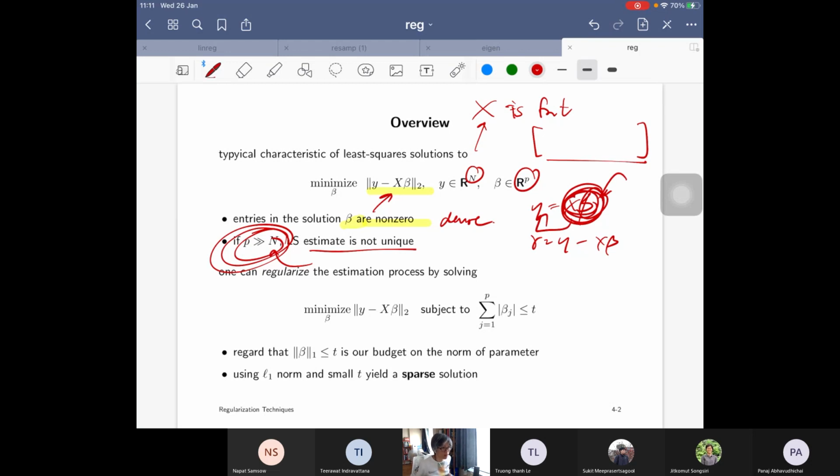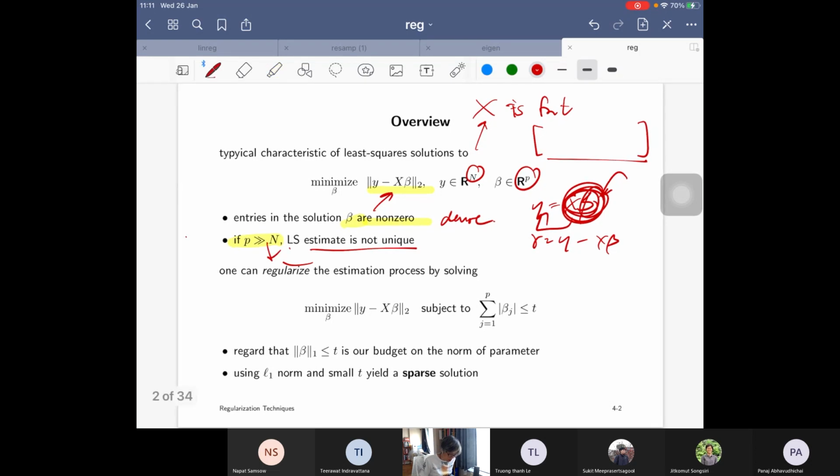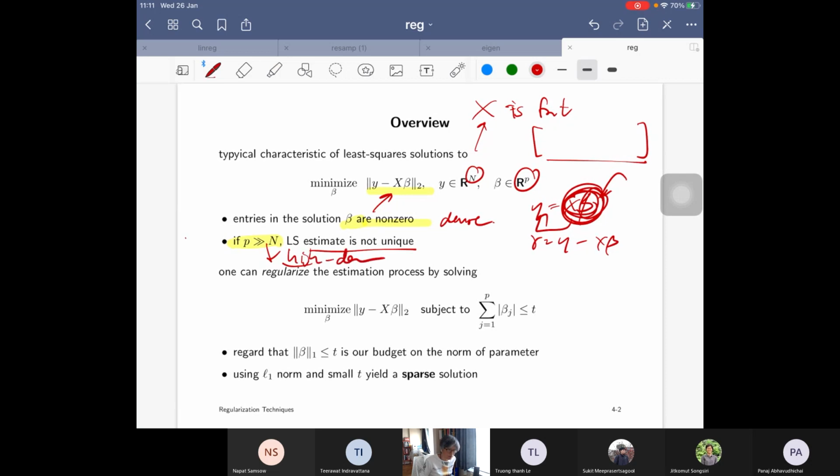So it's a fat system. We have observed these characteristics from the least square solution, especially the last observation, and this scenario is often found in the high dimensional setting, when we have many more variables than the number of samples.